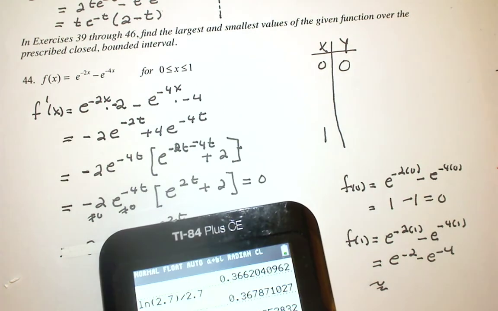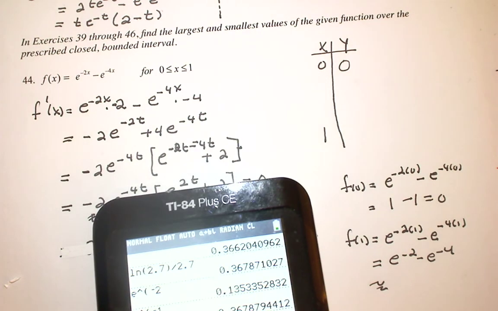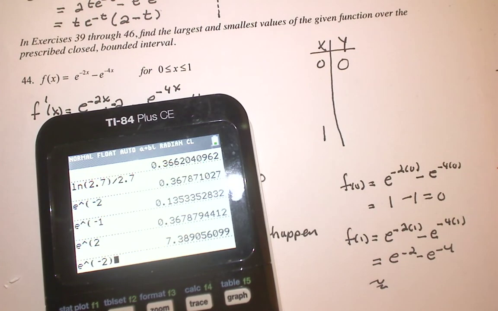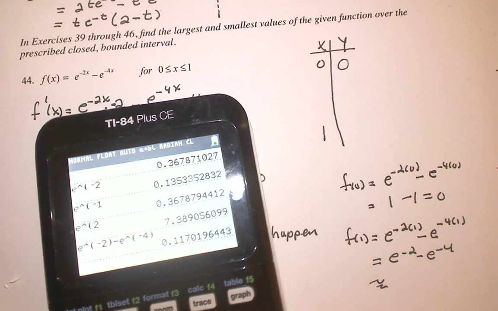which is going to be approximately e to the negative 2 subtract e to the negative 4, about 0.1.